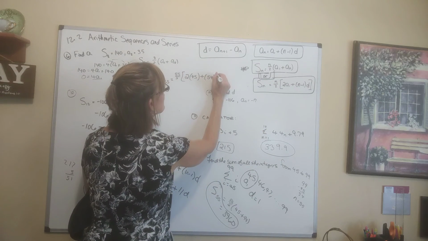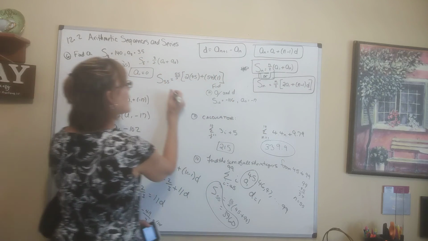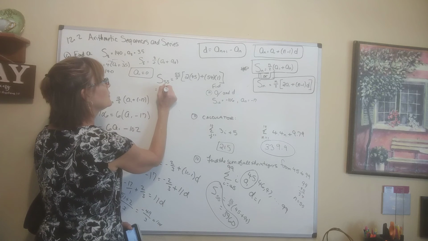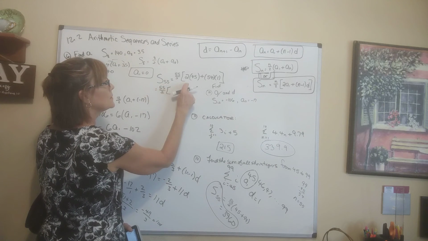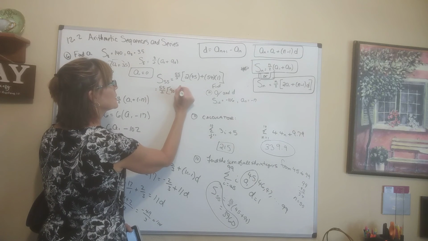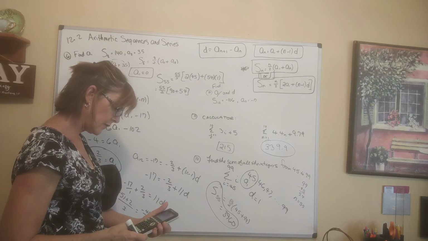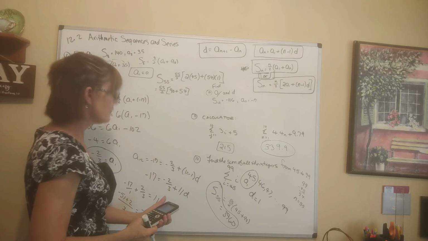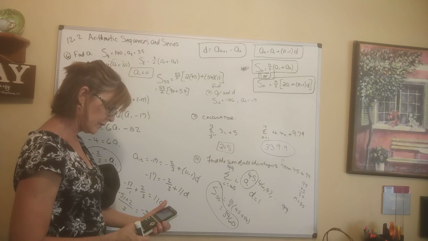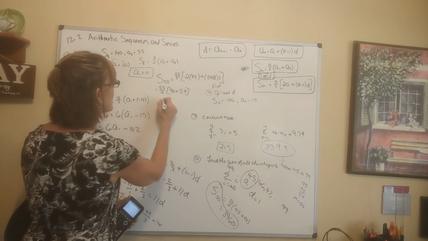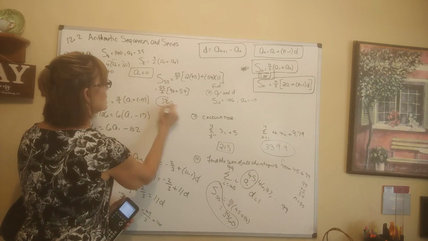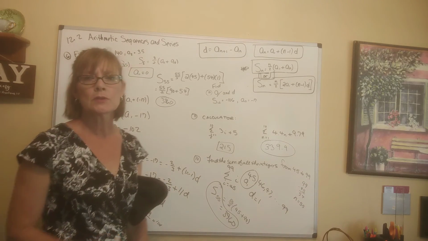We said d was 1. All right, this is equal to 55 over 2 times 90 plus 54. Let's see what we get here. 90 plus 54 is 144 times 55 divided by 2 is 3960. So there's a number of different ways we could get at that.